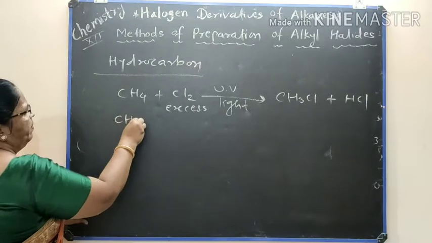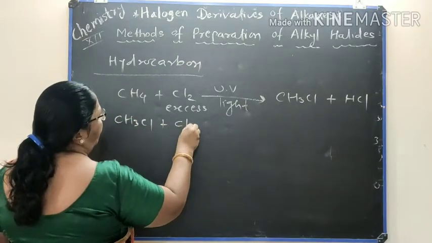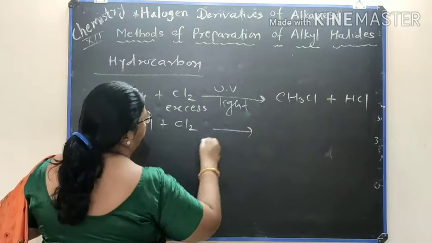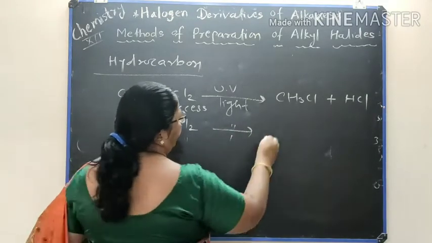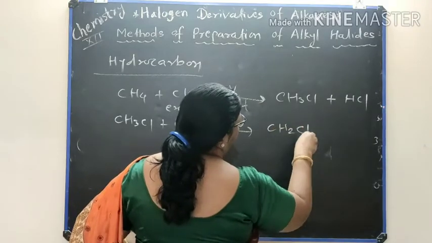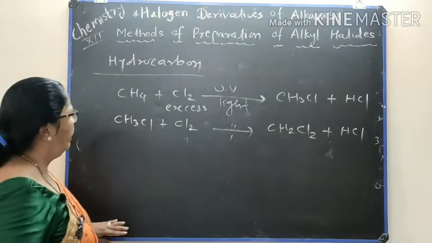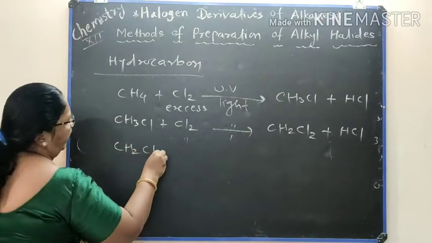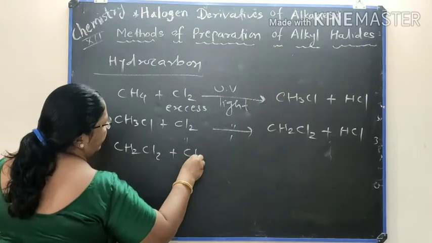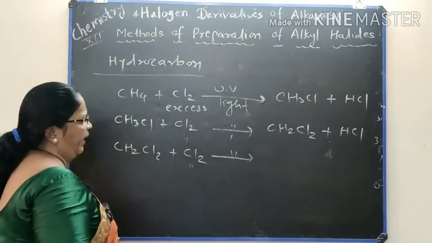Again this methyl chloride treated with excess of chlorine in presence of UV light or diffused sunlight, it gives methylene dichloride CH2Cl2 and HCl. Again we will see here the methylene chloride again react with excess of chlorine in presence of UV light.